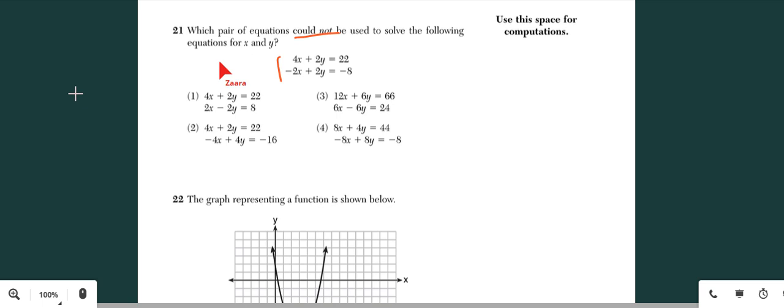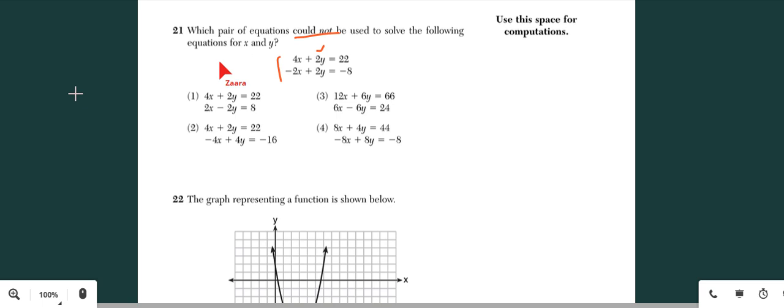What they did in this one, this can be used because they just subtracted. Why? Because the coefficients of y are the same. If you subtract both of them, or multiply the second equation with negative 1, you can cancel out, you can eliminate y.